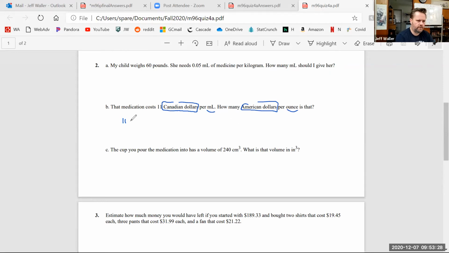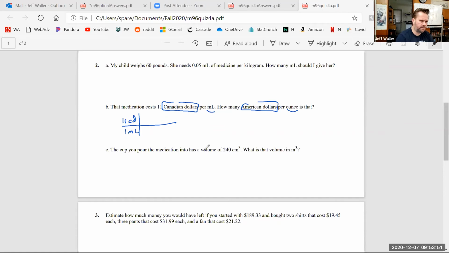So 11 Canadian dollars per milliliter. And then I start going to town. I give you the conversion between American dollars and Canadian dollars.